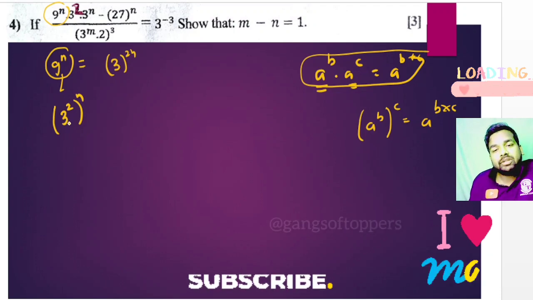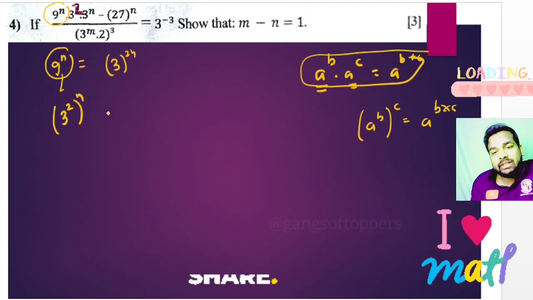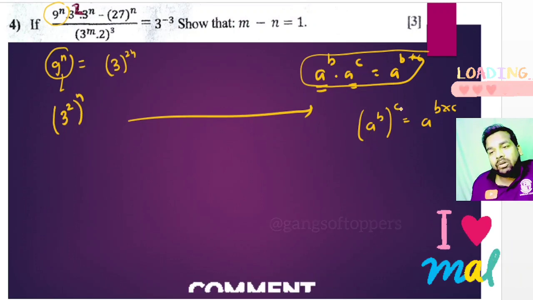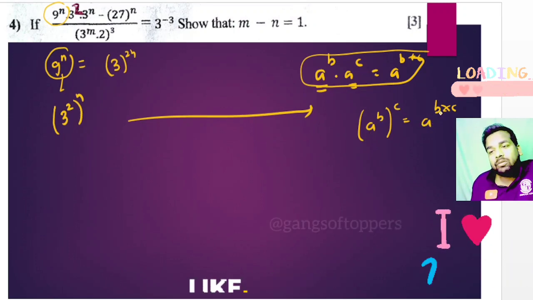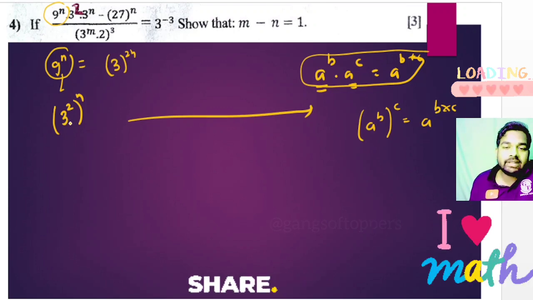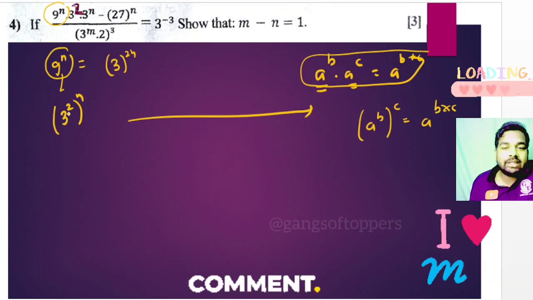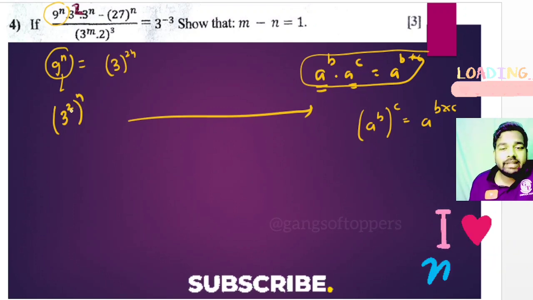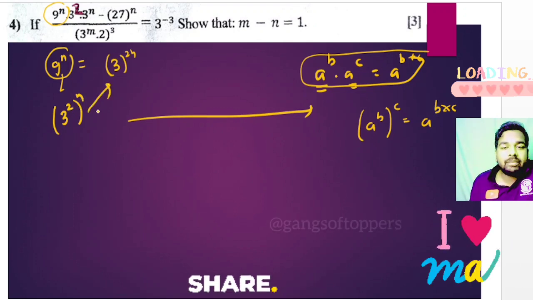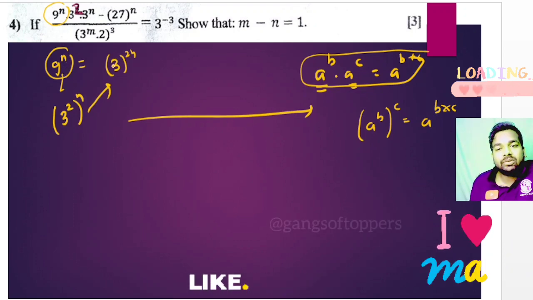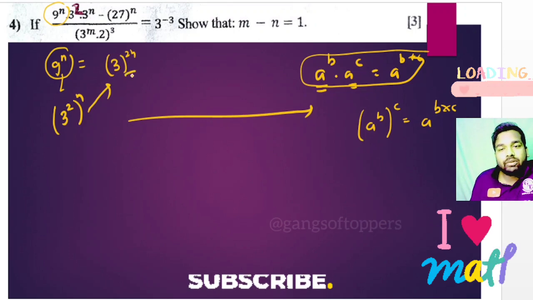Compare this with the formula a to the power b the whole to the power c: the powers are going to multiply, b into c. So 3 squared the whole to the power n means 2 into n is multiplied here. So 9 to the power n is equal to 3 to the power 2n. So one concept you got.